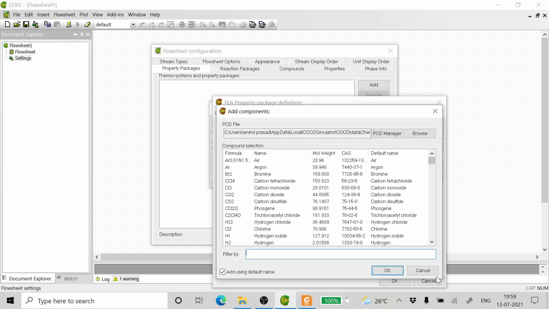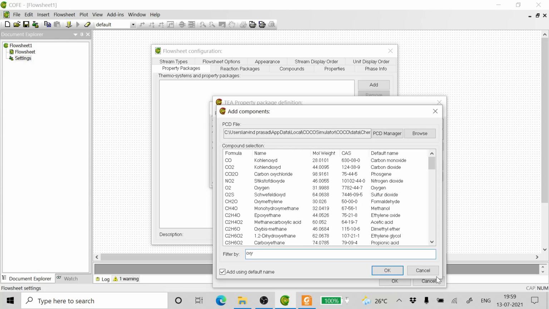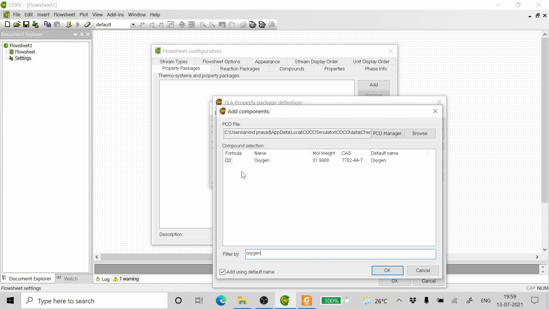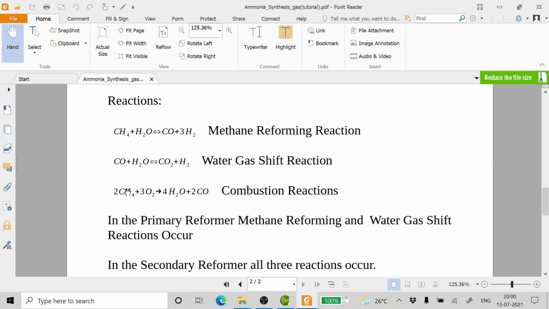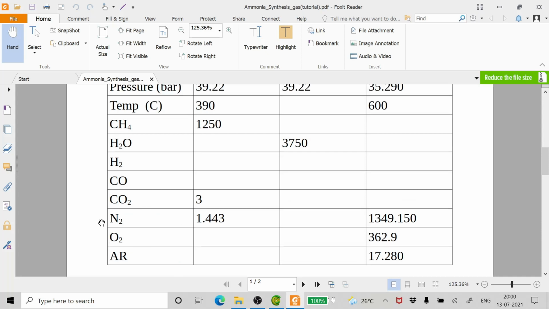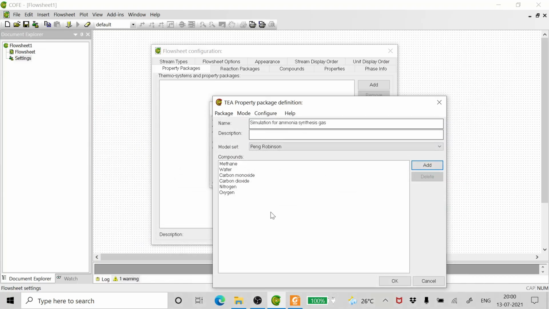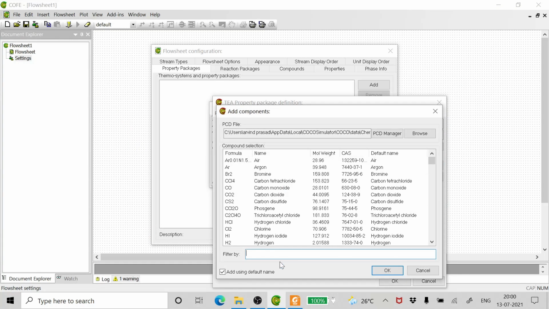Which is followed by oxygen. And finally, as we can see, we have argon coming in.